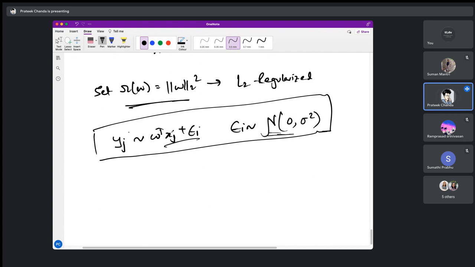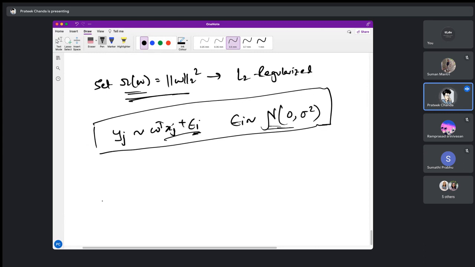In the same way, for other distribution priors, there can be other things. This w can be set to the L1 norm, or any other norm, or any other function of w, based upon the prior distribution of the noise parameter. This is just a high-level thing I'm trying to say.